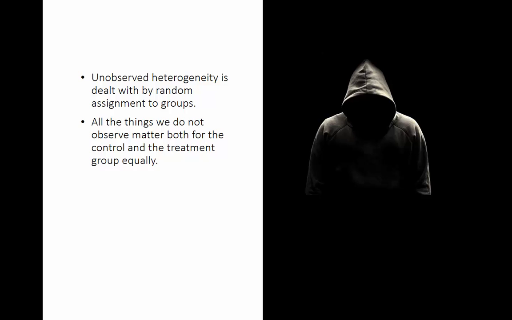But the idea is that this unobserved heterogeneity, when I split you guys into two random groups completely by chance, should matter equally for the control group and for the treatment group. There's a whole bunch of stuff that I don't observe, but these things matter equally for the treatment and for the control group.